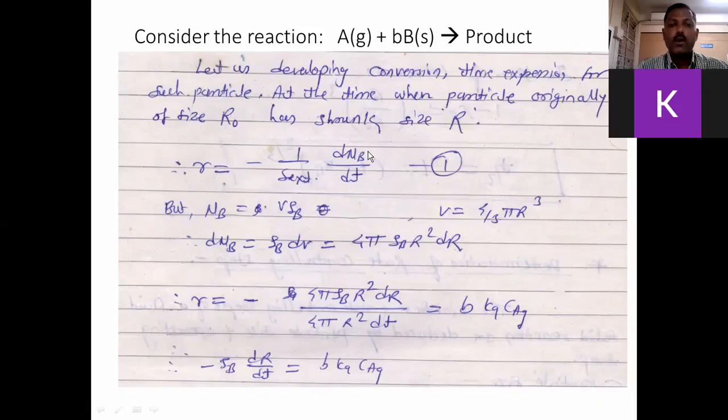Now NB equals V into rho B, where rho B is the molar density, moles per volume, multiplied by the volume of the particle, which gives the number of moles.